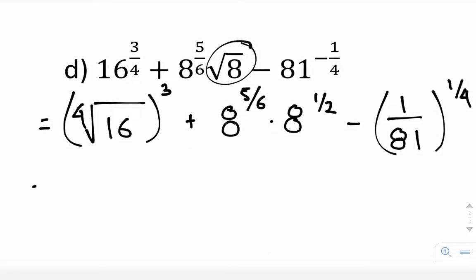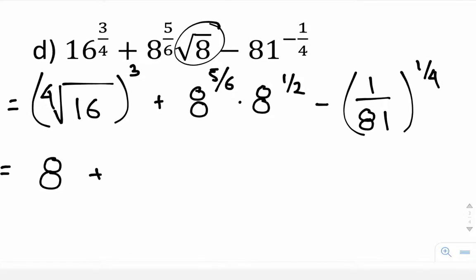So let's start evaluating some stuff. The 4th root of 16 is 2. 2 to the power of 3 is going to give me 8. Plus, I need to combine these together, which means I have to add the exponents. So I have 5 over 6 plus 1 over 2, which we'll do in the next line.